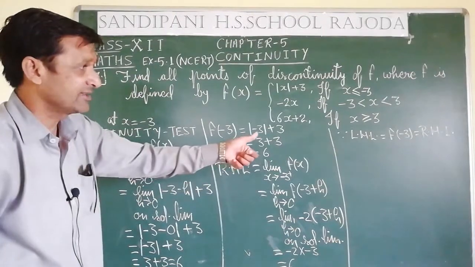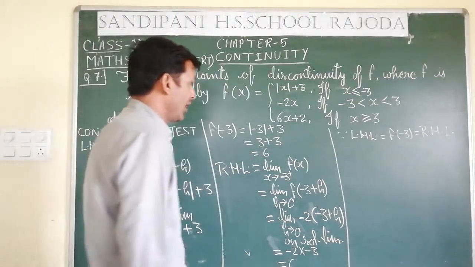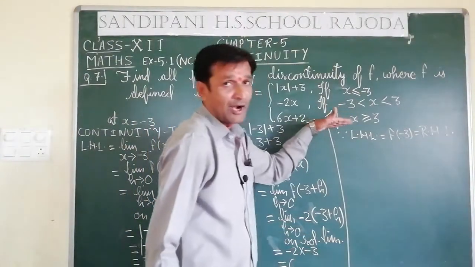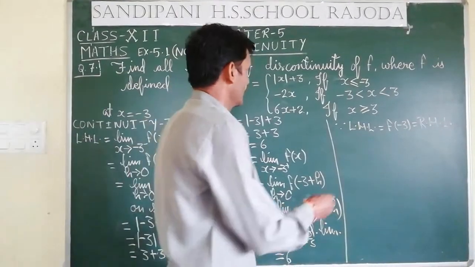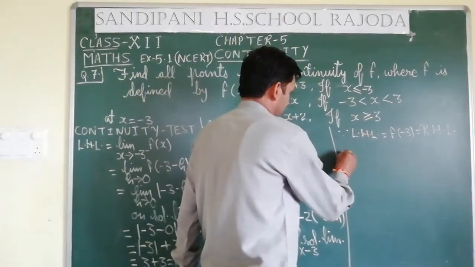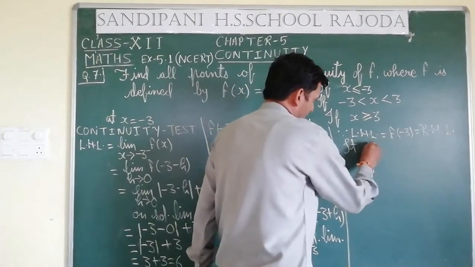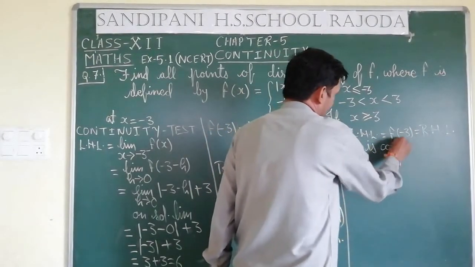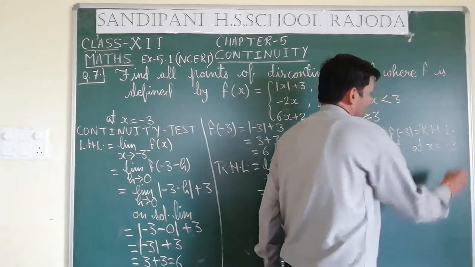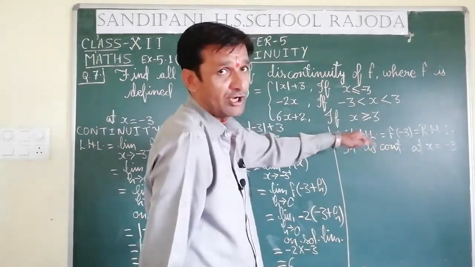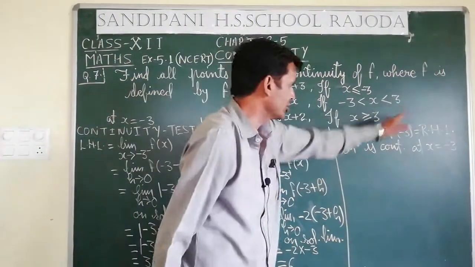At minus 3 there is no point of discontinuity. Here we have to mention it is continuous at x is equal to minus 3, continuity only, not discontinuity. Yet our question is remaining because we have to discuss it at 3 also.